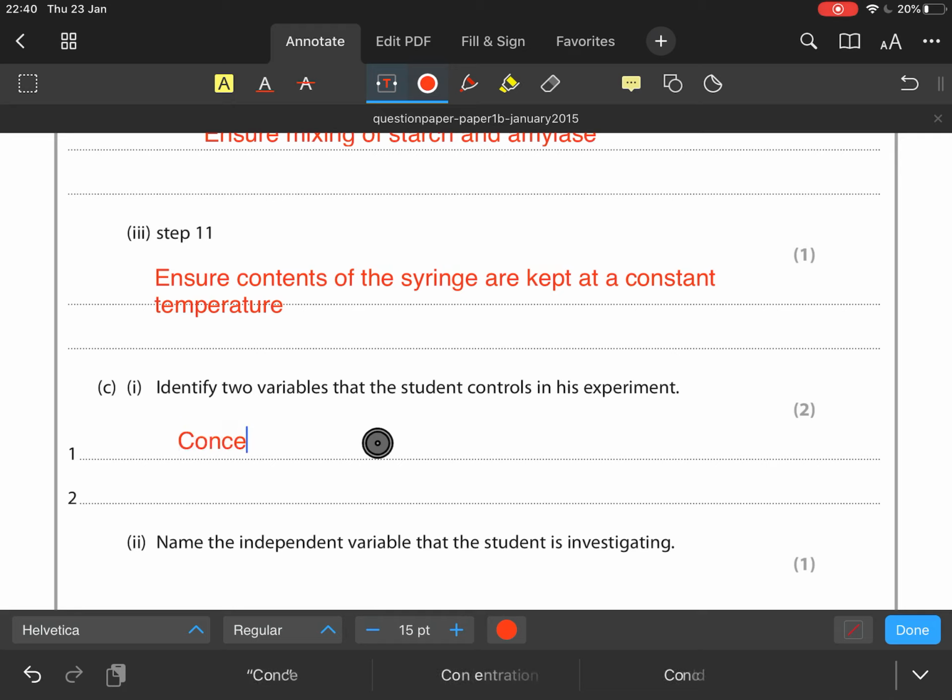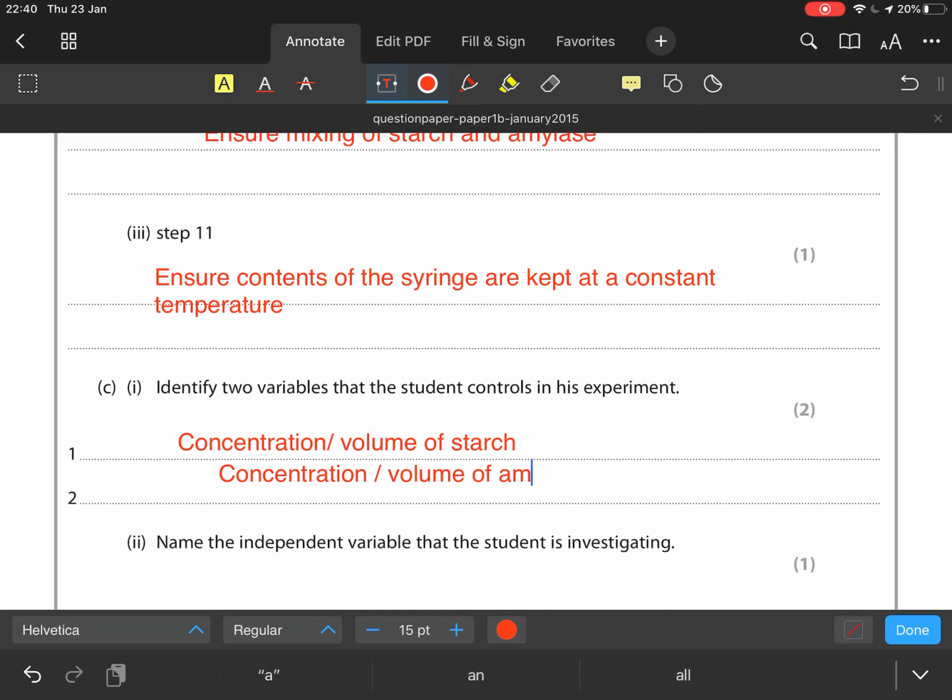So we could say here the concentration or volume of starch, that's the substrate. We could say the concentration or volume of amylase. We could potentially talk about other things as well here.